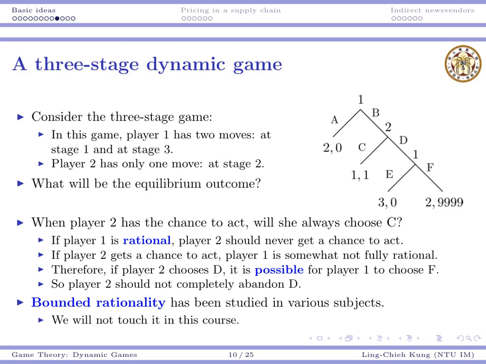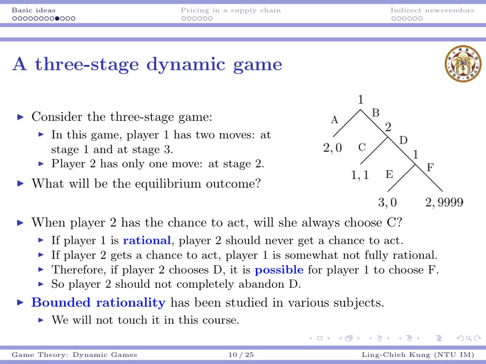So we can say that if some of the players are boundedly rational, then to predict the outcome of a game will become much harder. Bounded rationality has been studied in all kinds of subjects. People build different kinds of game theoretic models to deal with it.